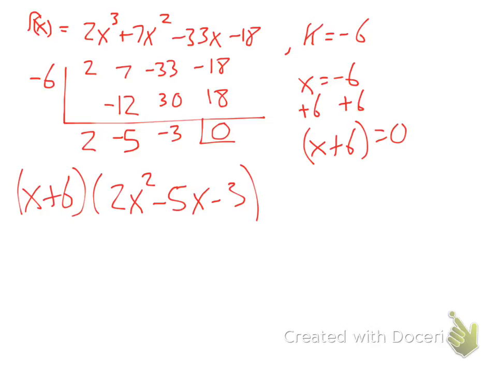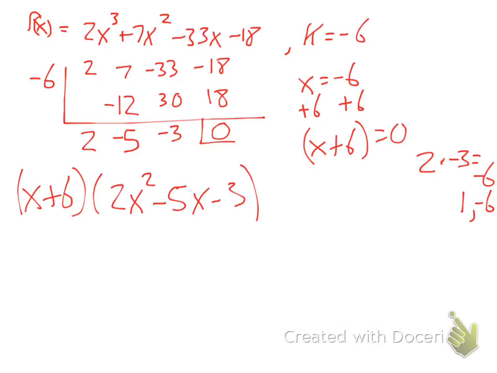So, off to the side, 2 times negative 3 is negative 6. Factors of negative 6, that'll give me a negative 5. Oh, not negative 1 and negative 6.